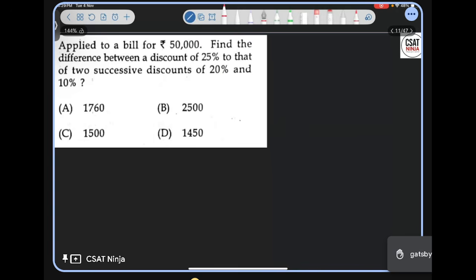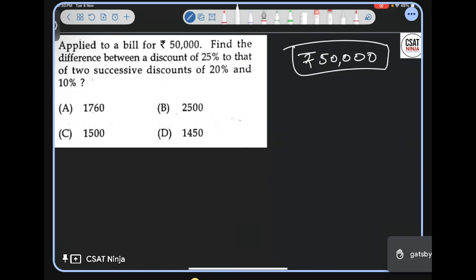So next question. It's an interesting question, a good question, so to say. Applied to a bill of 50,000. That means we have 50,000.